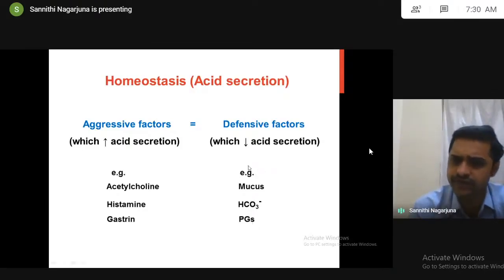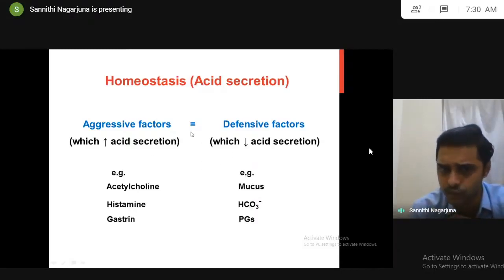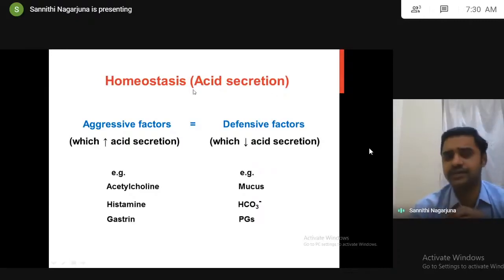As you all know, mucus is responsible for protecting the layers of the GIT from direct exposure to acid. The role of bicarbonate ions is neutralization of acid. So whichever factors increase or decrease acid secretion, both should be in balance. Then acid secretion is maintained, and that is called homeostasis.